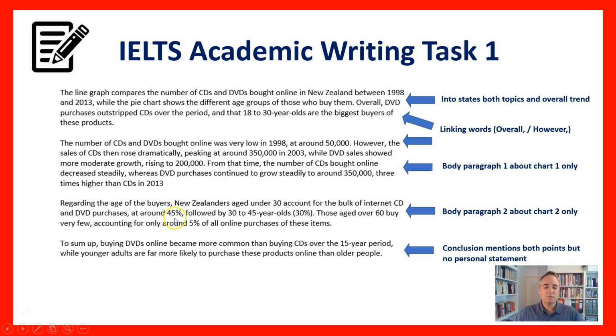So most of them are the young people, followed by 30 to 45-year-olds at 30%. Those aged over 60 buy very few, accounting for only 5% of all online purchases of these items. So in just 2 sentences, I've been able to find the key information. These are the most and these are the least.